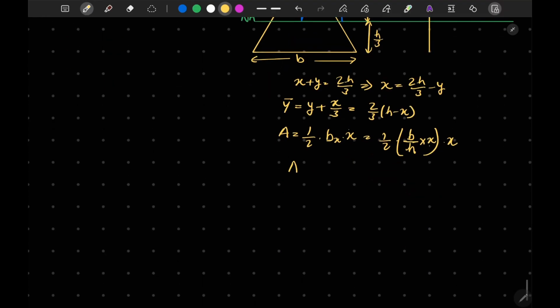So area will be half times of b by h times of x square, okay. So we can write it as b x square by 2h, okay.